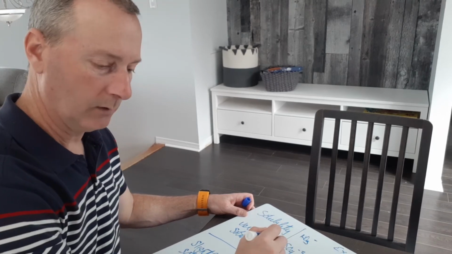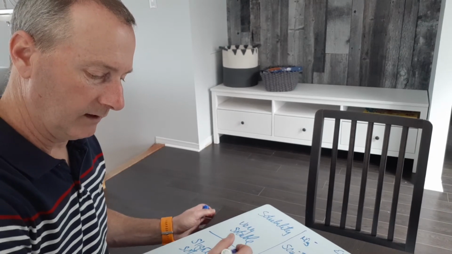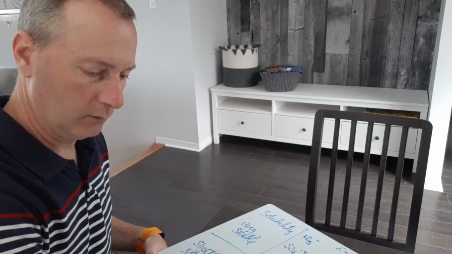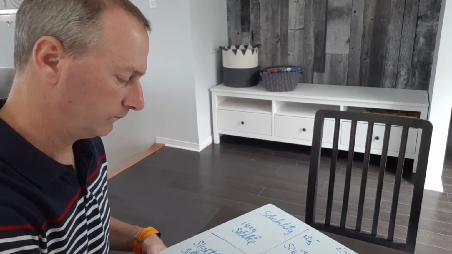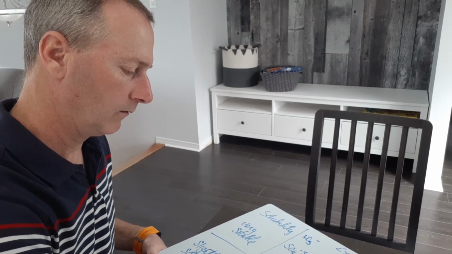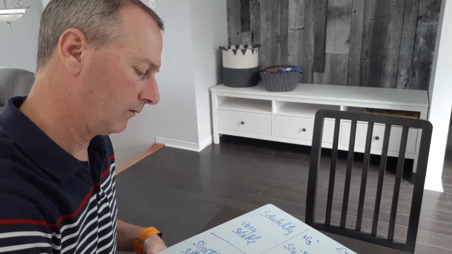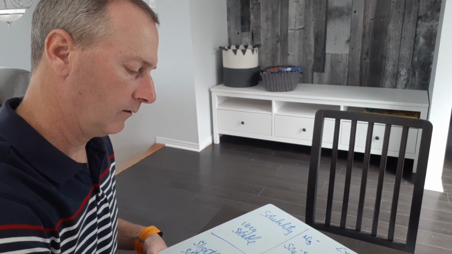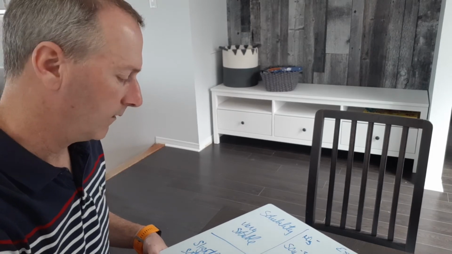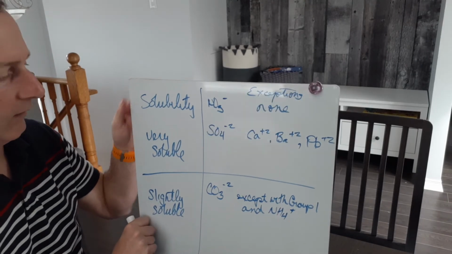So hopefully everything's going well for you guys, but I'll just leave those two, and then these ones down here, let's put CO3 -2. Okay, let's just do it this way. Okay, so this is what our chart looks like, and it's in your book.